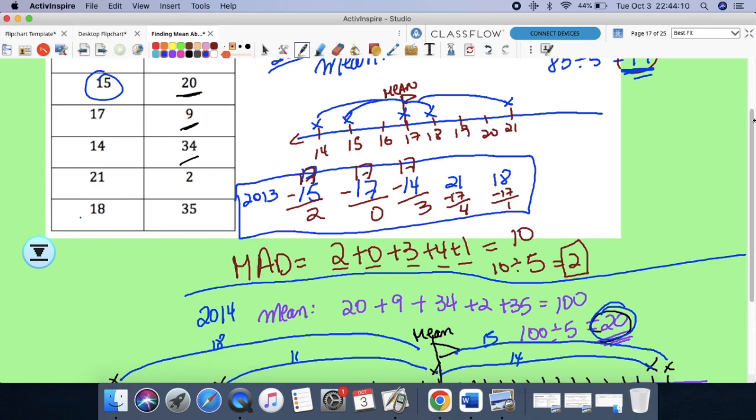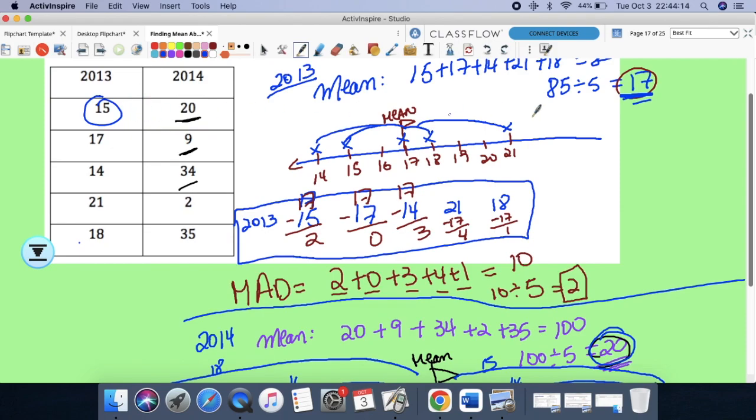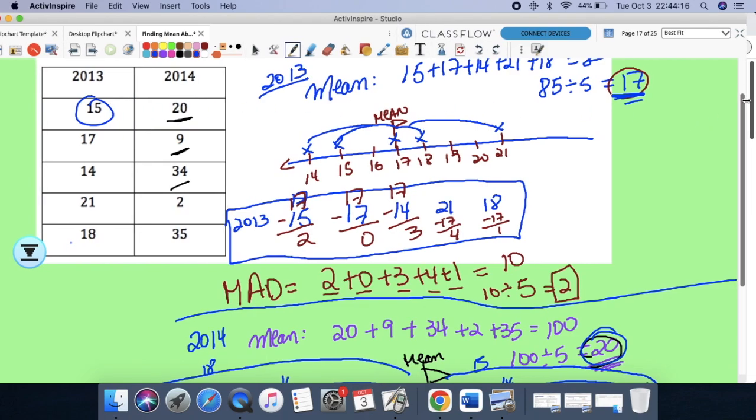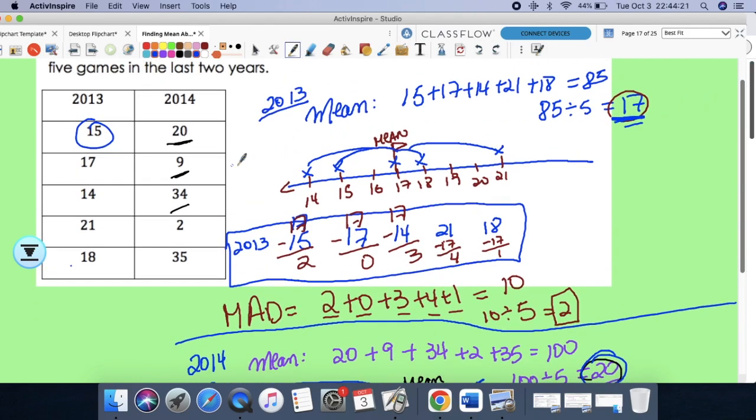Okay, so now the question says, which is the better player, the player from 2013 or the player in 2014? The player in 2013, every time he came, he gave you 14 points, 17 points, 15, all the numbers were about the same.